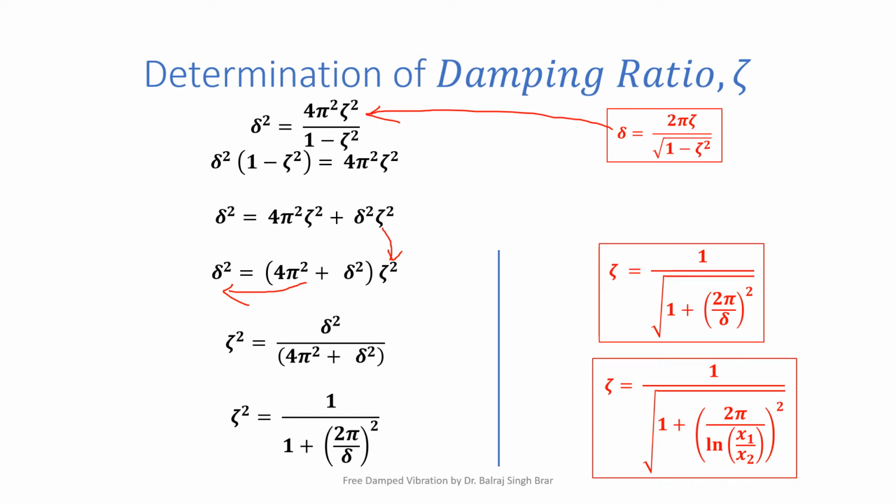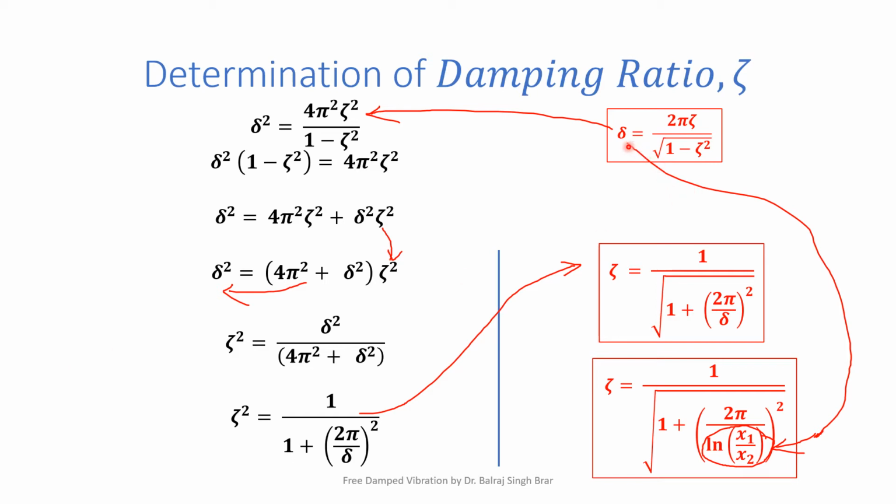Now taking under root on both sides, we get zeta, which is equal to 1 by under root of 1 plus 2 pi by delta whole square, or zeta is equal to 1 by under root of 1 plus 2 pi by natural log of x1 by x2, which is basically delta, whole square.